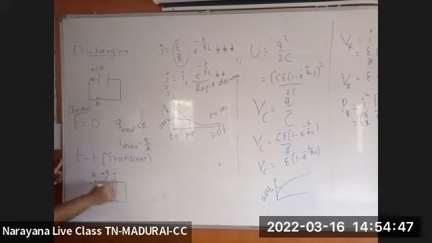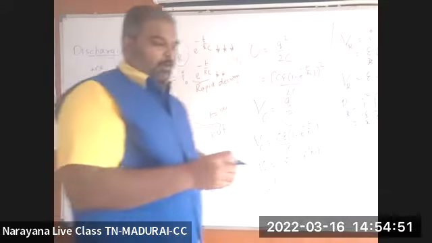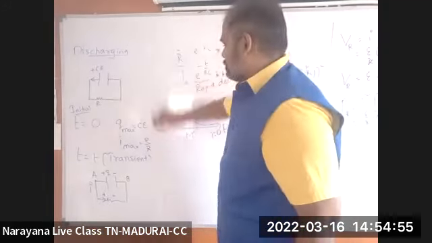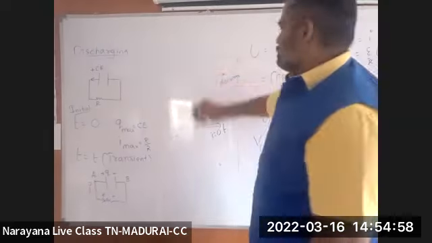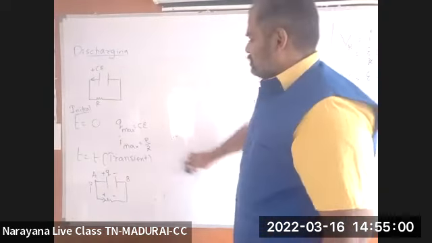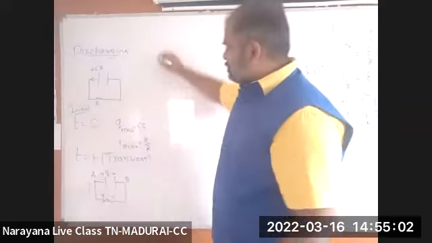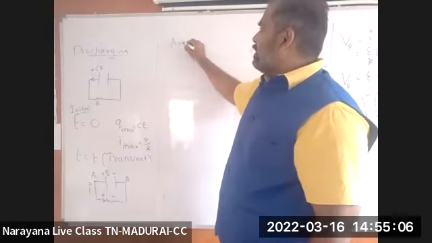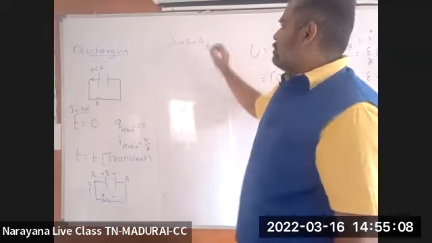The junction A and the junction B. So before applying loop law, how to walk? I'm walking from A to B, then finally from B to A.